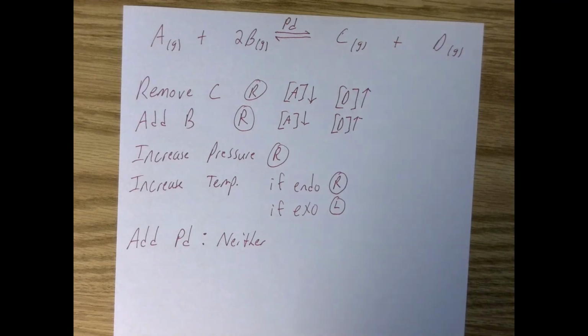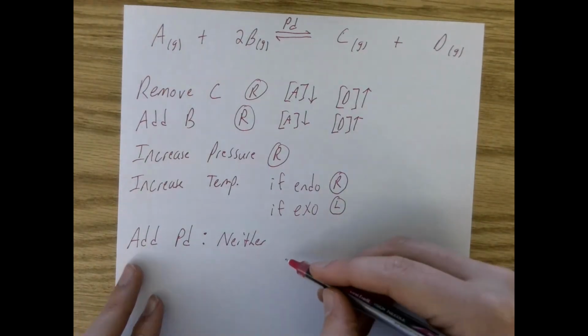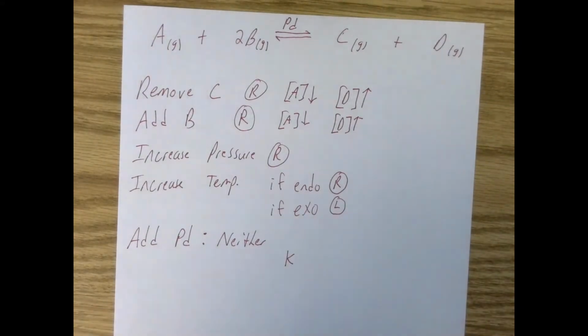Okay. Then the next thing we did was write equilibrium expressions to calculate equilibrium constants. So what is the symbol for an equilibrium constant? Okay. What are the units for equilibrium constants? There are no units. Okay.